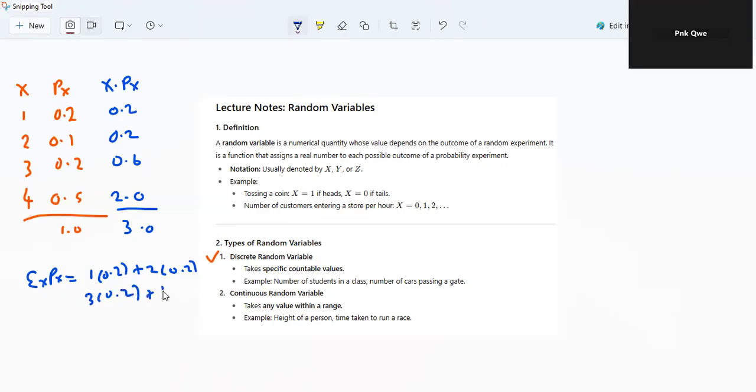Collectively, what are we going to get? A 3. So our mean, or expected value, sometimes we use the letter E and X, or you use mu, or you use summation of x p(x). All this means one thing: the expected value is 3.